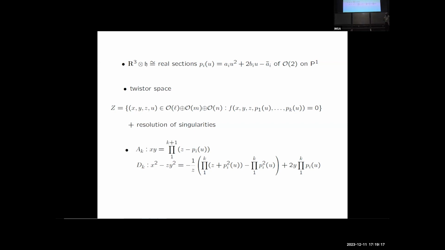There are questions about exactly how you resolve them, but the resolution is possible because you've chosen these coefficients in this particular way. So actually, writing down the twistor space for Kronheimer's examples is relatively straightforward.